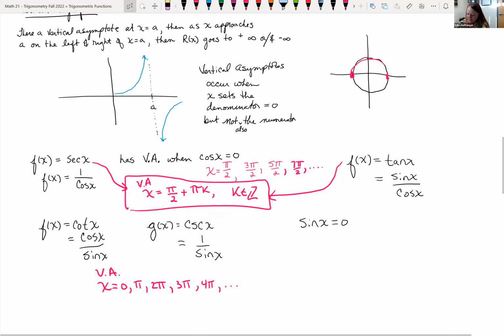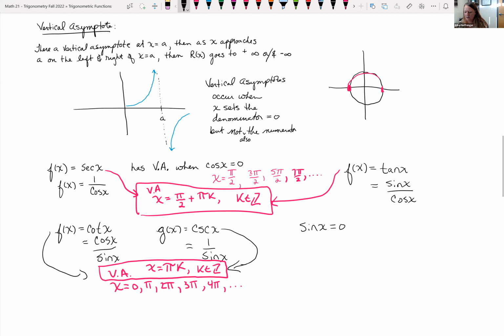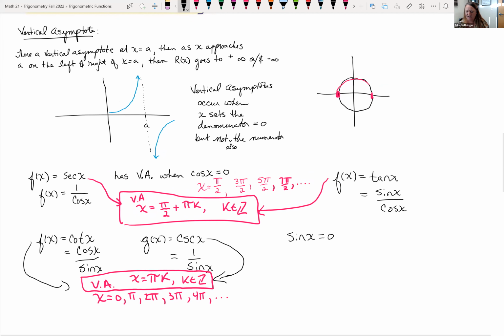So we can write that as x equals pi times k. Again, k is an integer.